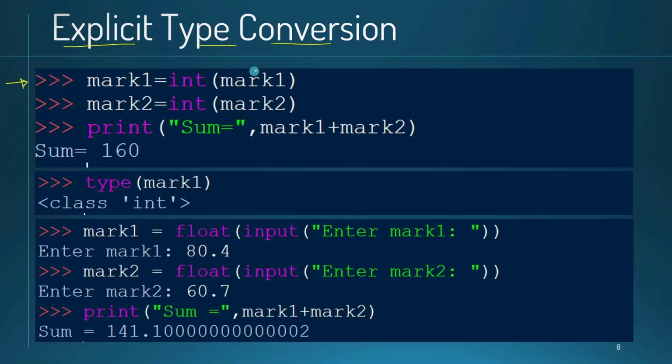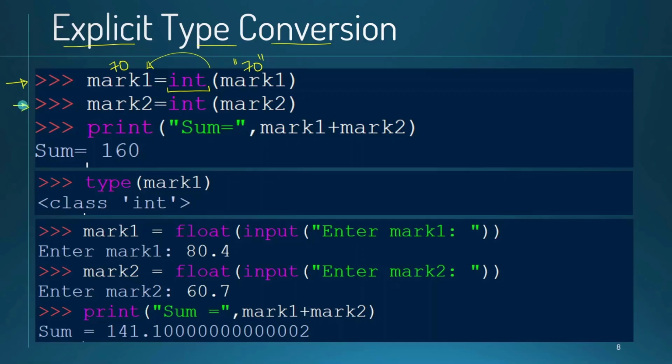The value inside mark 1 is 70, but it is stored as a string. You can use the type conversion function called int to convert the string 70 into integer 70, and then copy that back to mark 1. So now mark 1 is storing the integer 70.